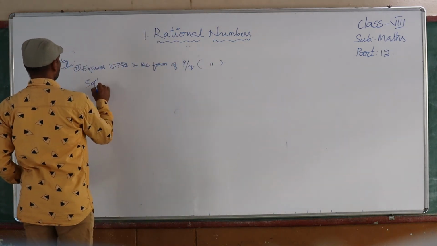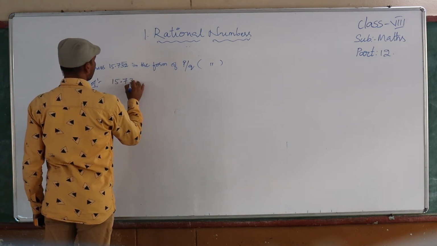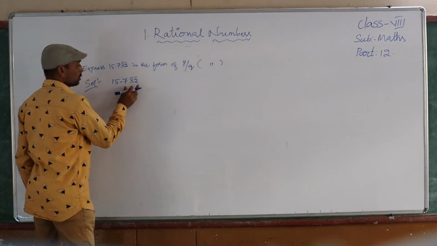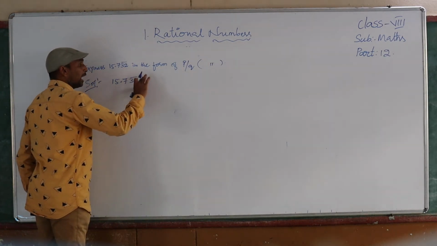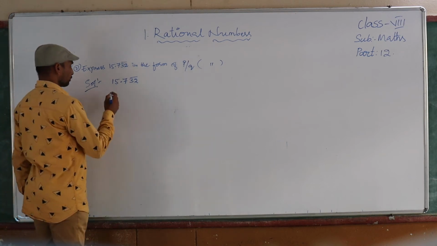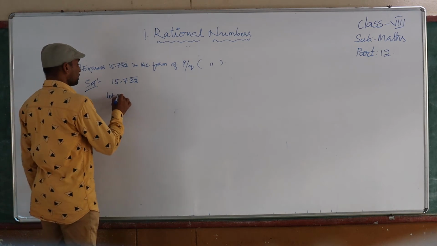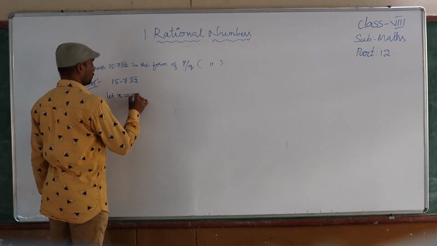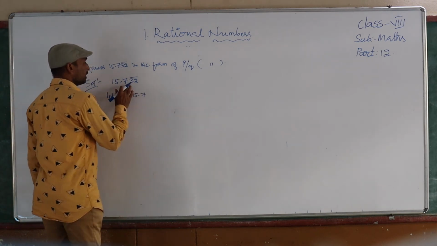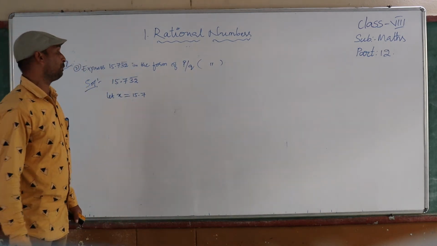So the first one is over, and now the second one, which we also represent in the form of p by q. What is the given number? 15.732 bar. Observe carefully: the bar is only over 32. So let x equal 15.7. This 7 is not a repeating value, only 32 is repeating.